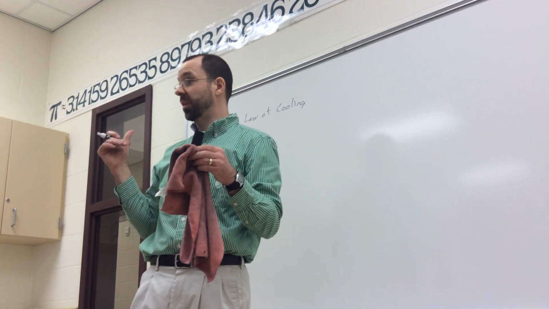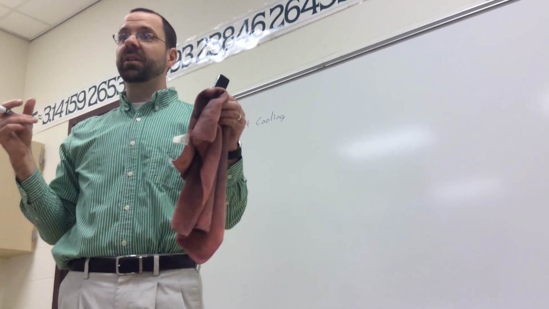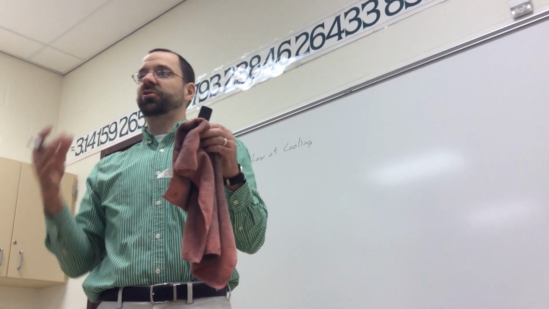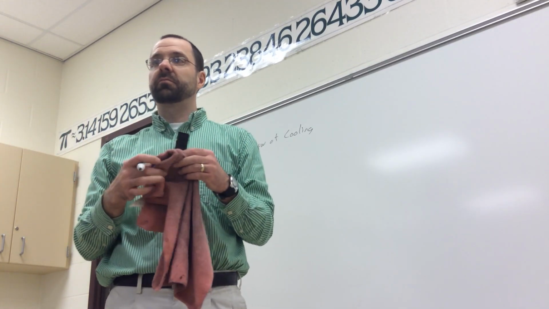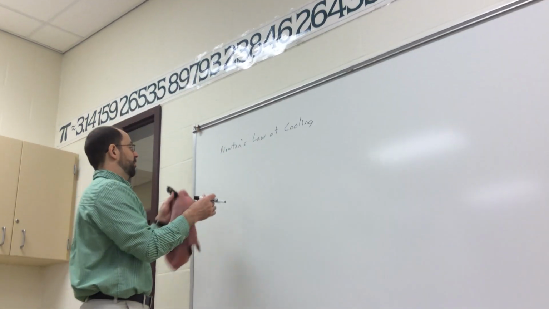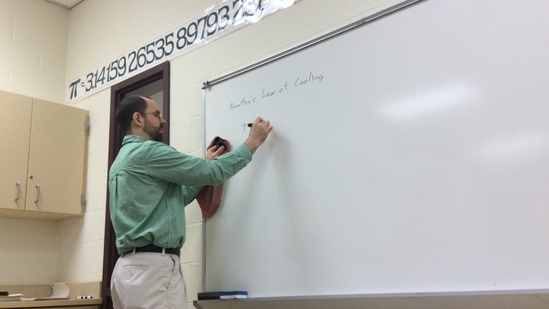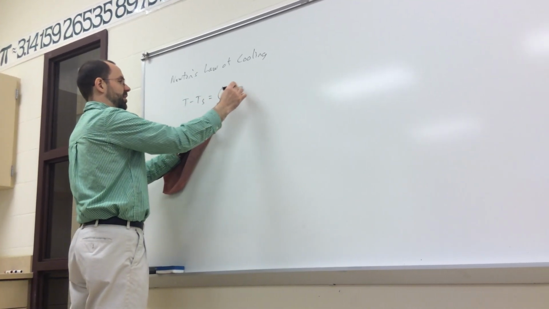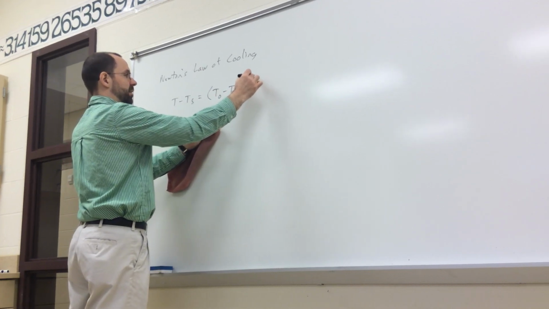So that's what this formula that I'm about to write down is about. You can plug in the time, and then it outputs the temperature. So a certain amount of time goes by, and then it tells you what the new temperature is going to be. Okay, so here's that formula. It's T minus Ts equals T0 minus Ts times e to the kt.